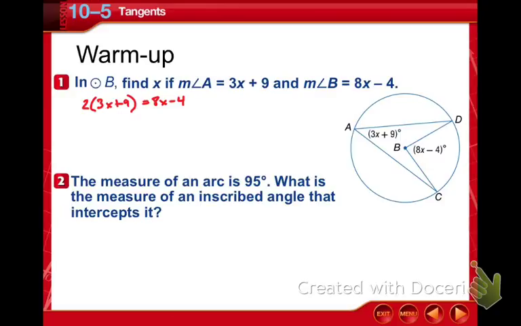So now we have our equation to solve for x. Once we have x, that's all we need to do. It says to find x. So 2 times 3 is 6x, plus 2 times 9 is 18, equal to 8x minus 4. When we subtract 6x from both sides, I do this so we don't end up with any negatives. So we have 18 equal to 8x minus 6x, which is 2x, minus 4.